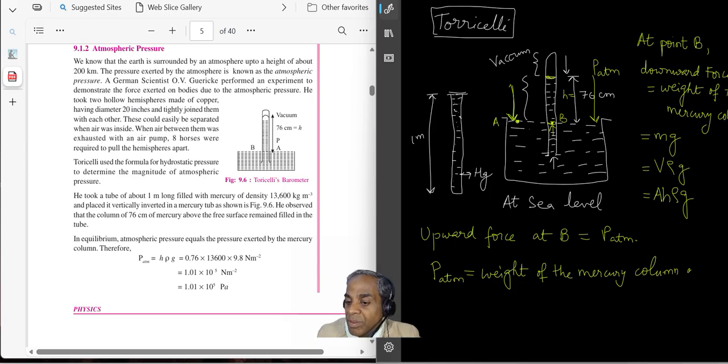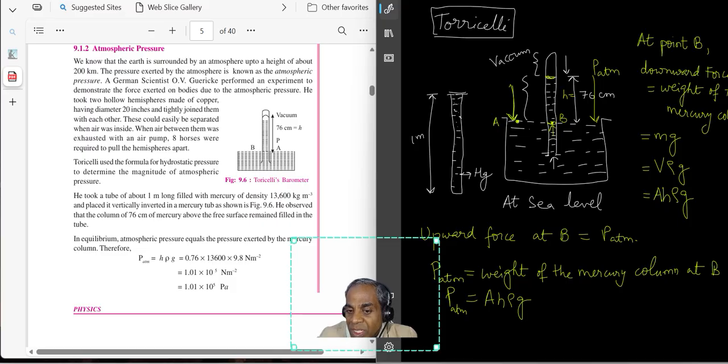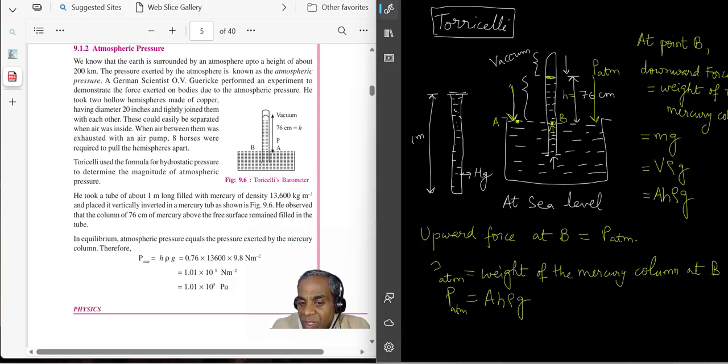Mercury column at B, which is nothing but pressure atmosphere equal to A into H into rho into G. Now, if you see area of cross section multiplied by H multiplied by rho multiplied by G. Now we have equated pressure with this. We should not equate. This is force due to the atmosphere. That is why the dimensions are not balancing. So it is force due to the atmosphere.